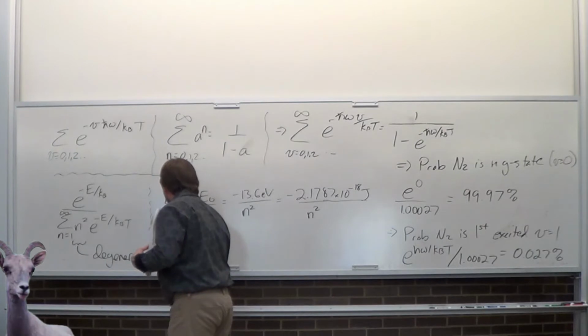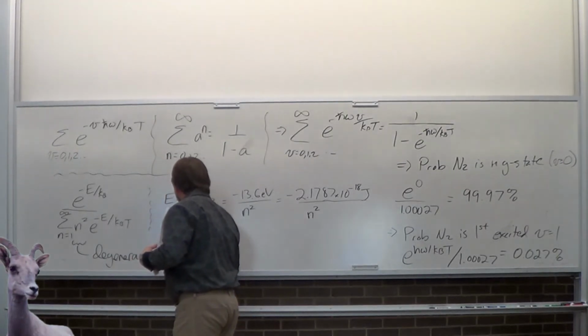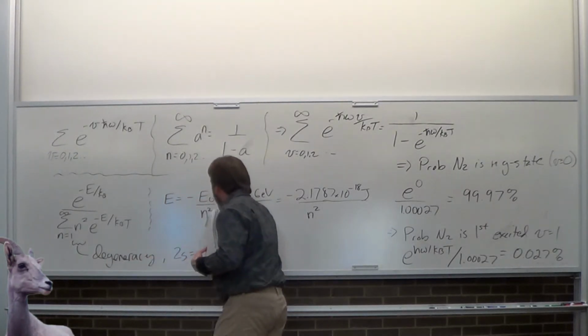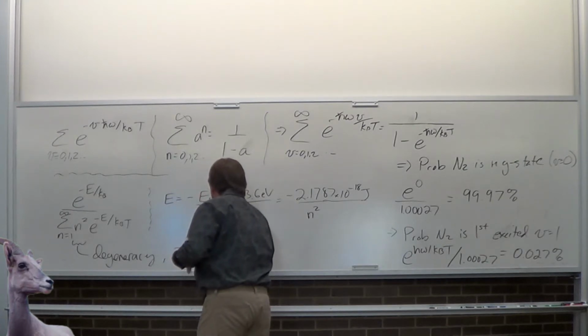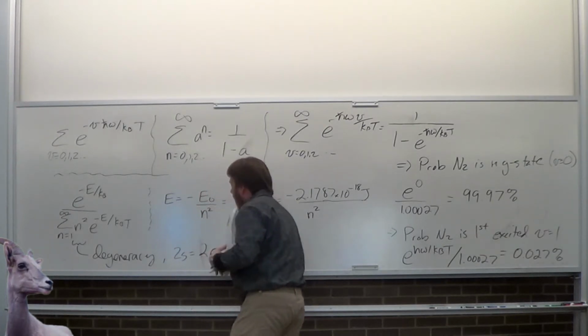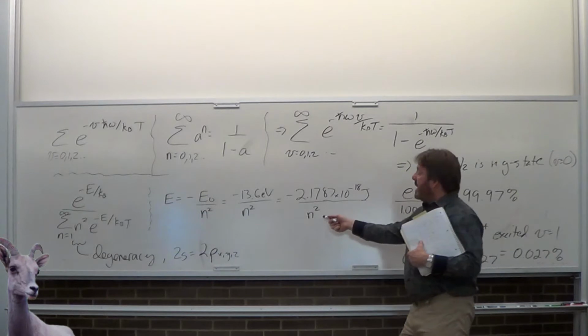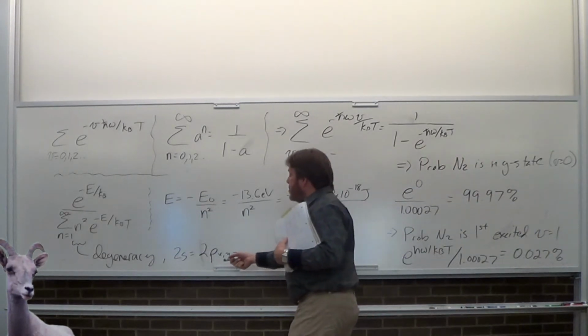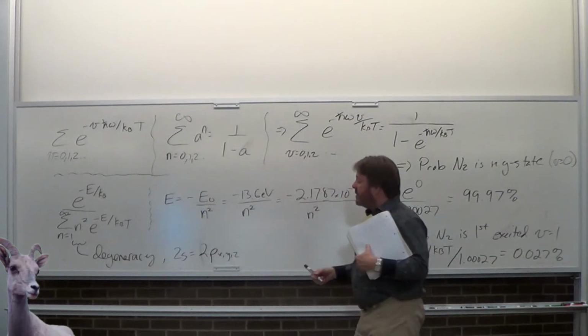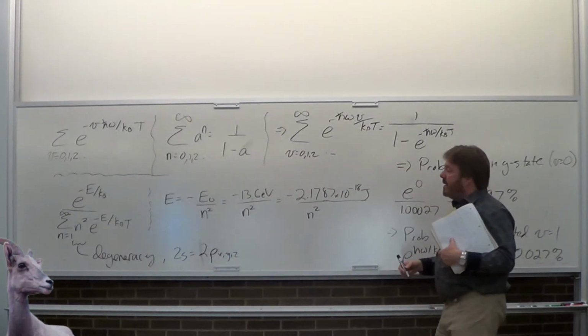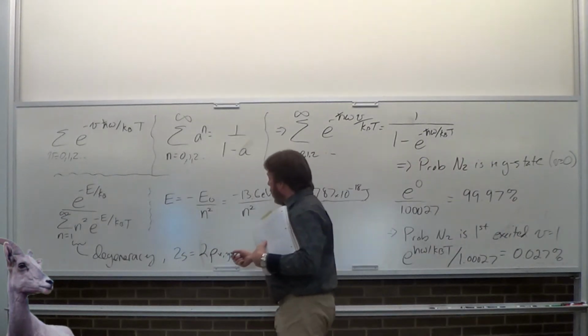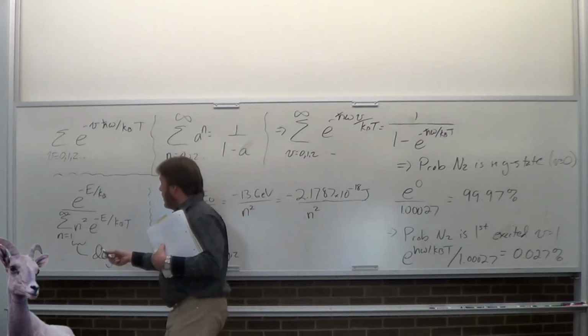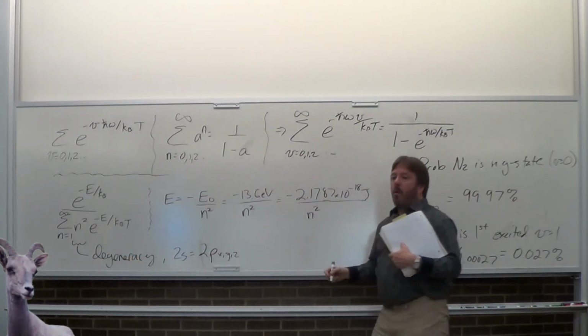We now know that a 2s has the same energy as a 2p x, y, and z. Remember that the energy depends on the n quantum number, not the L. So the energy of a 2s state is the same as a p x, y, or z. That means the degeneracy for the n equals 2 state is 4: 1s and 3 p's, that's 4.